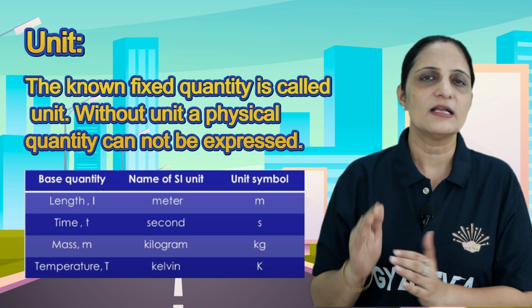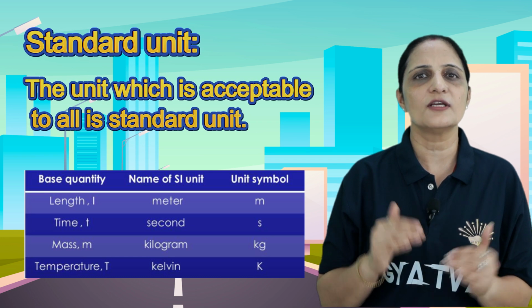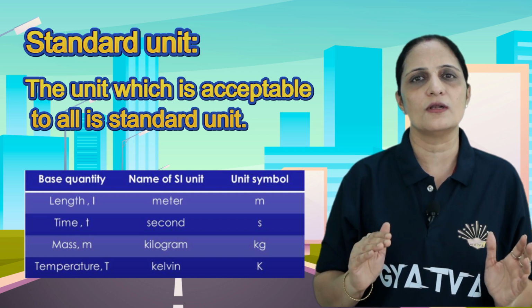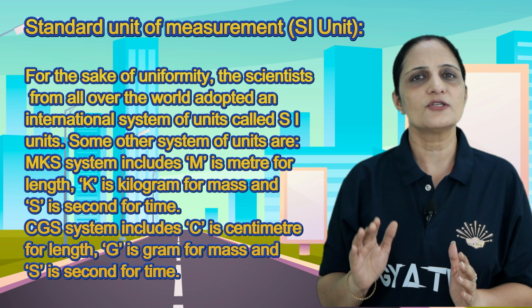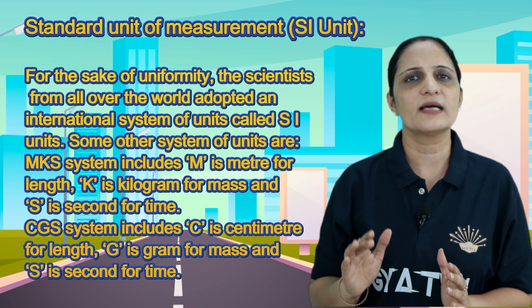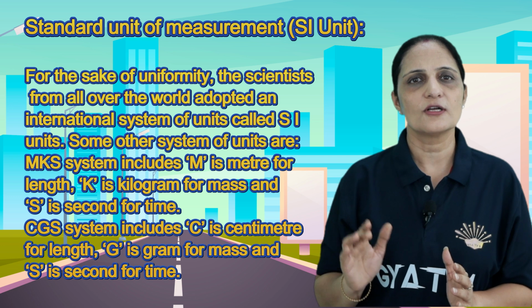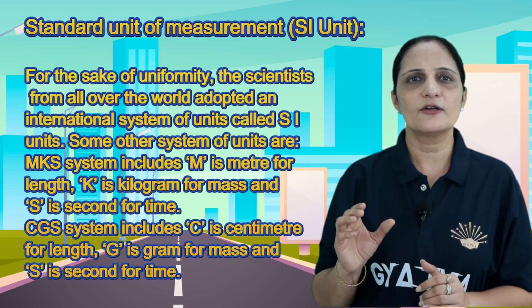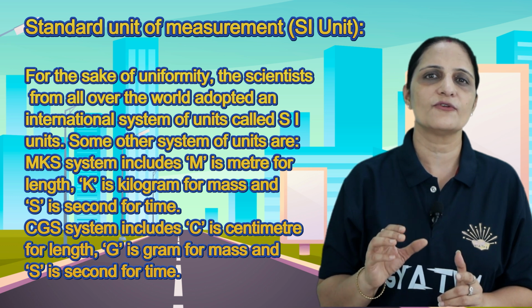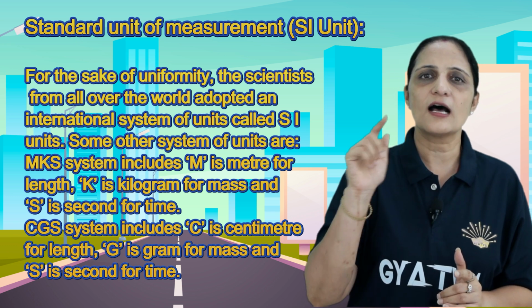because you have written a unit in front of 5. Second is standard unit, the unit which is acceptable to all, that is called a standard unit. Standard unit of measurement, or we also call it the SI unit. For the sake of uniformity, the scientists from all over the world adopted an international system of units which is called SI.